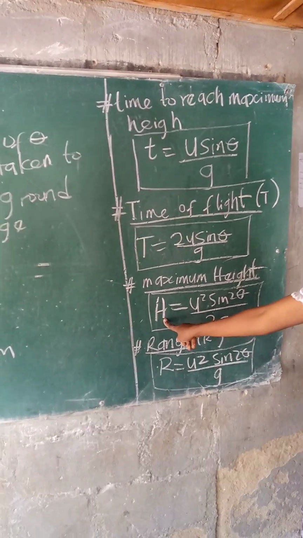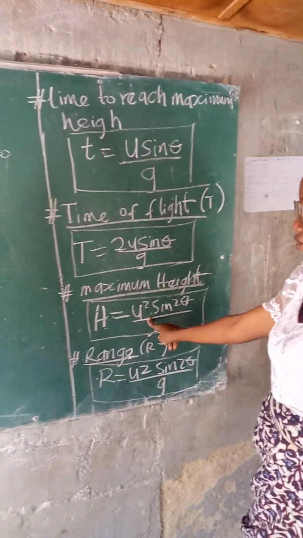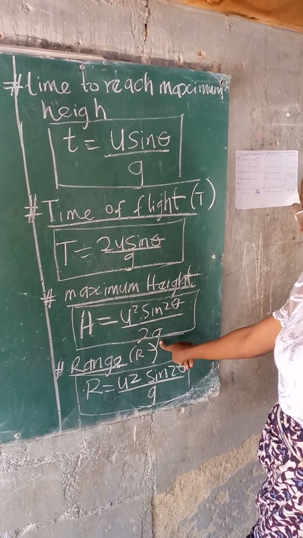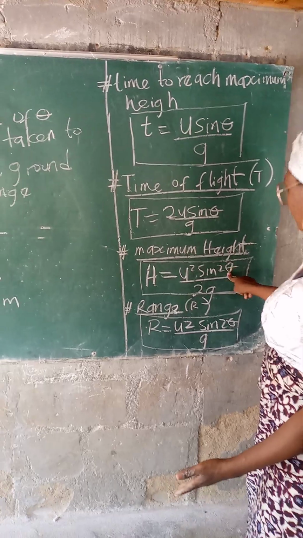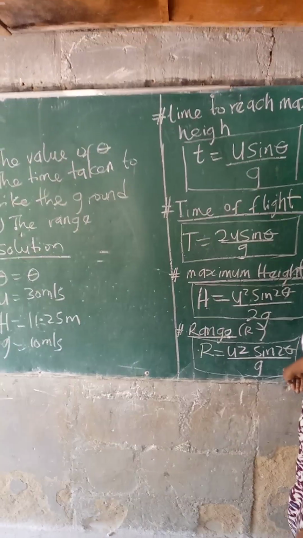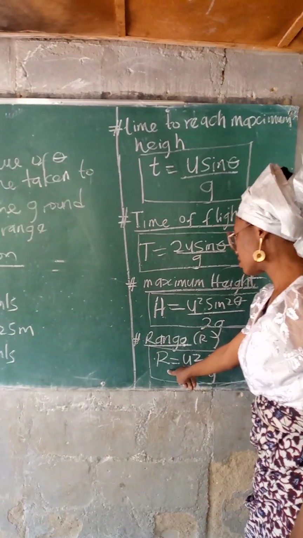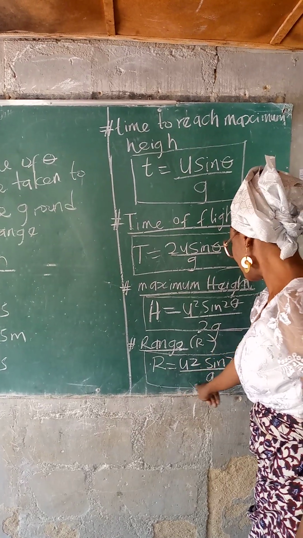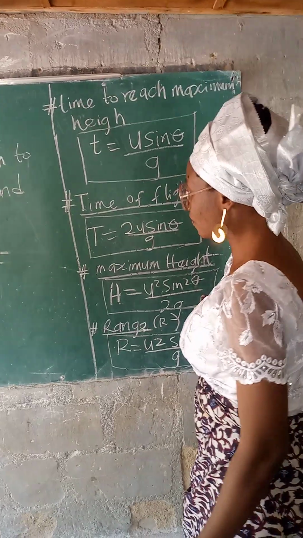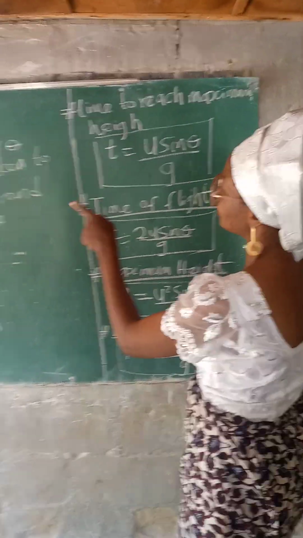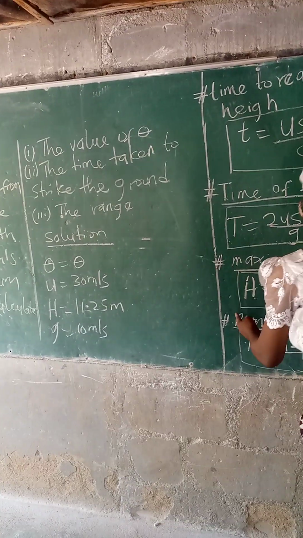We are given H. We are given u. We have g, okay? So it means this formula is good to go. The last formula, which is range R, we can't use it. H is not there. So the suitable formula for question 1, the value of theta, is going to be this one.